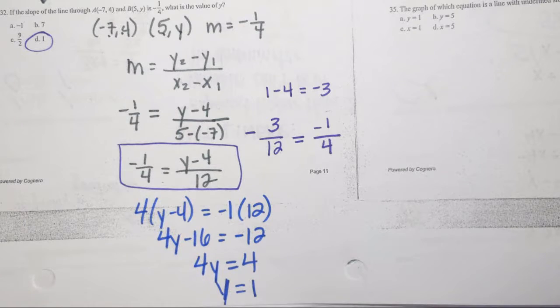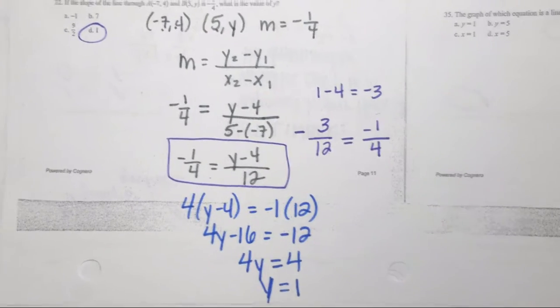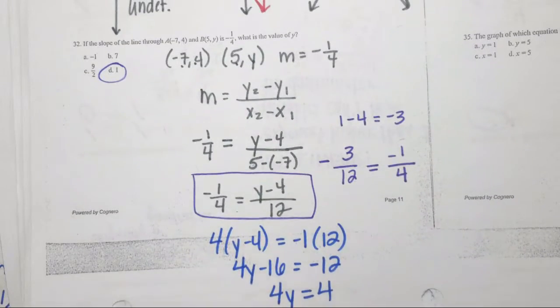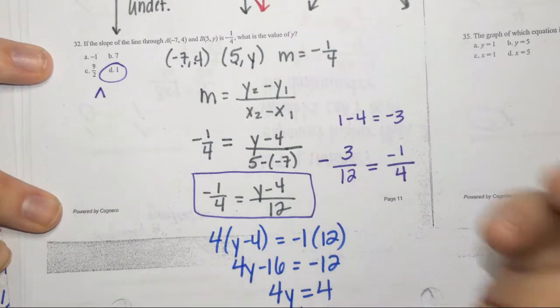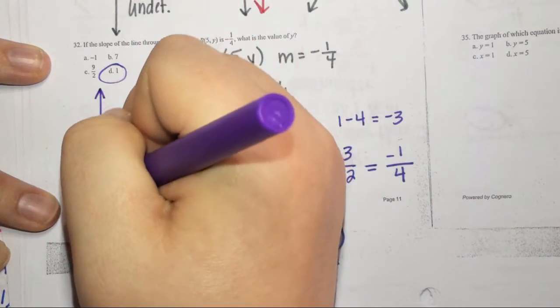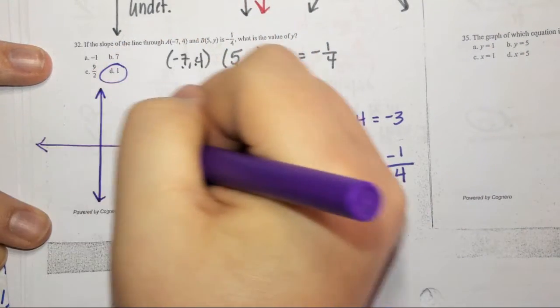But there's still a third way, so if you're not liking any of this, you're not a formula person, you don't want to think fractions, you can't cross multiply, it's just not happening, you could always figure it out by graphing.